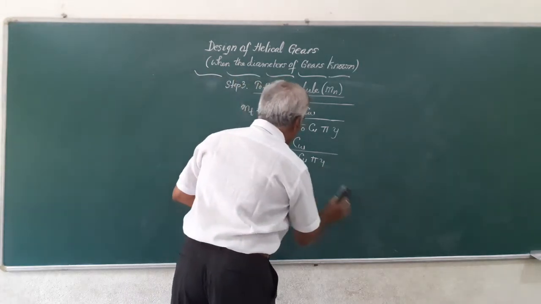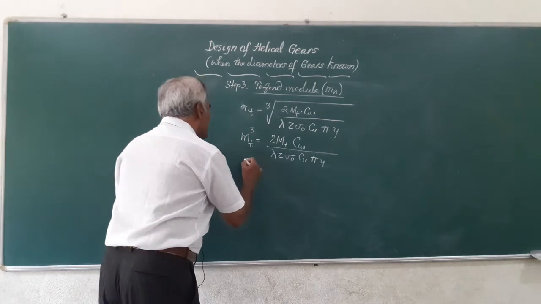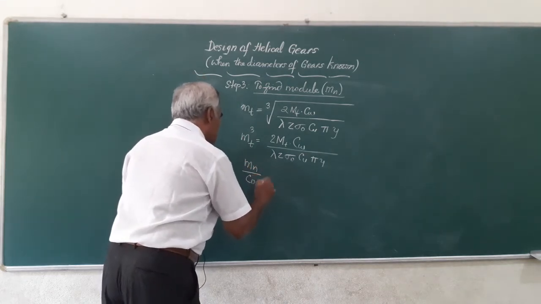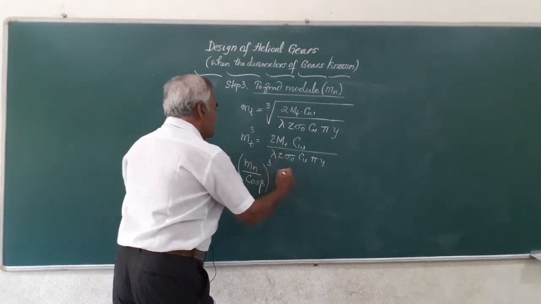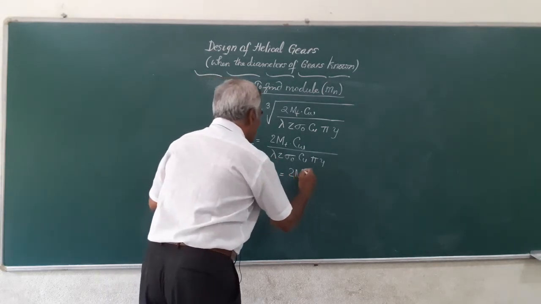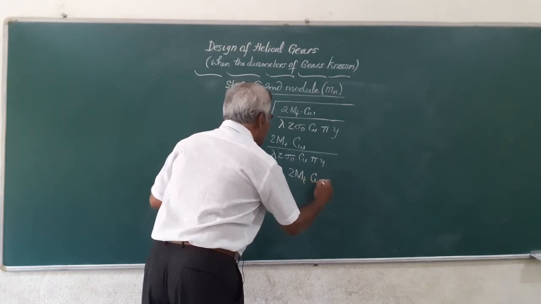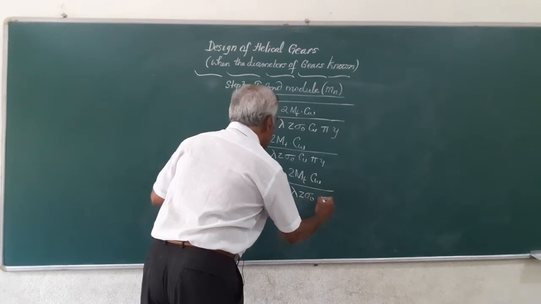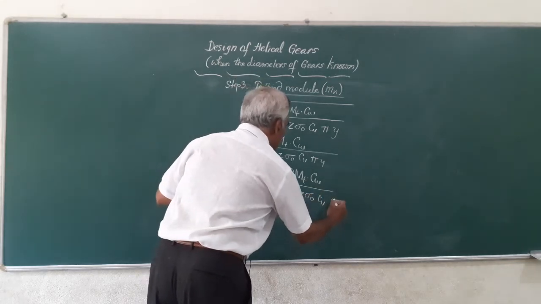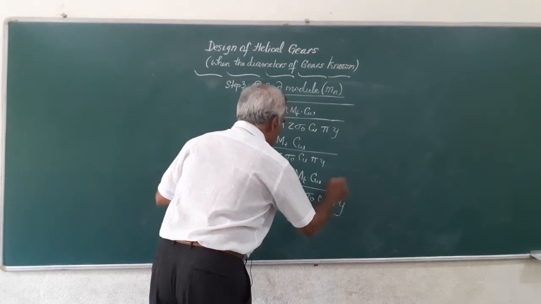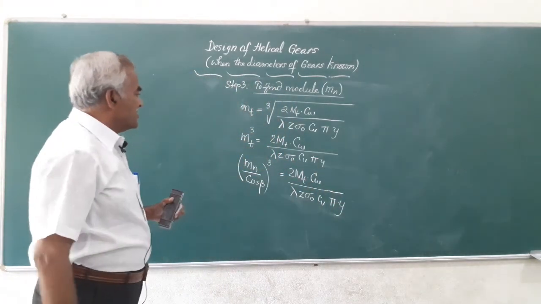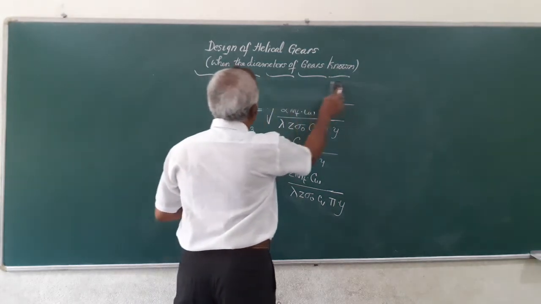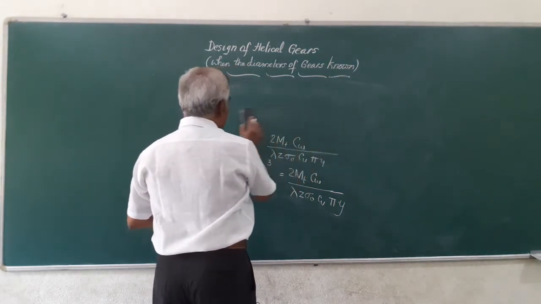So with this substitution of mt equal to Mn by cos beta, cubing both the sides, this is given by 2 mt Cw divided by lambda z sigma naught Cv pi into small y. Friends, here let us further simplify and see what each term stands for in design.